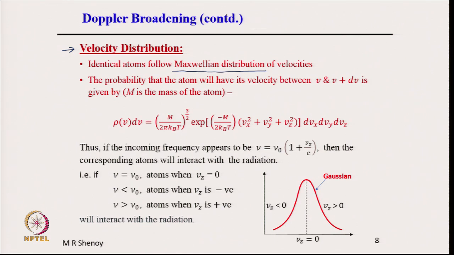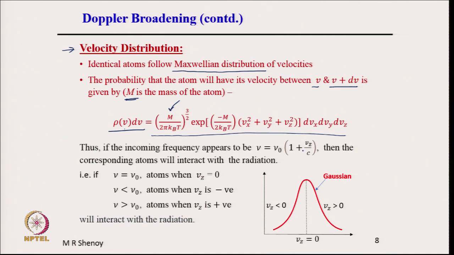The probability that an atom will have its velocity between v and v plus dv is given by rho v dv, by the expression here, where m is the mass of the atom, Kb is the Boltzmann constant, and T is the temperature of the atomic system. So, this is the distribution which is given.